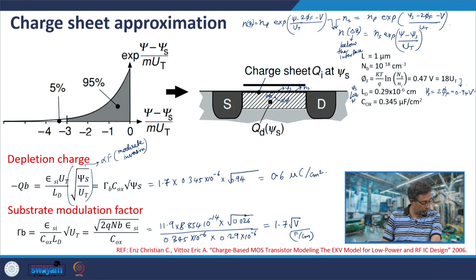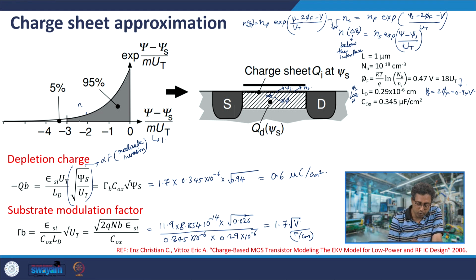From here, now let us also see one interesting point: what is the value of inversion charge density n for m equal to 1, which is moderate or strong inversion condition, and this is minus 2, which means that you have moved down vertically from the interface to a point z, where the potential has reduced by 2 ut, which at room temperature is 0.052 volts, that is 52 millivolts.